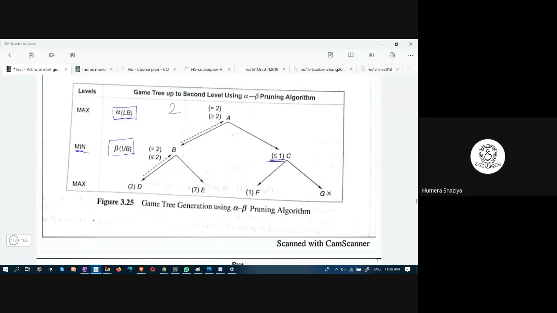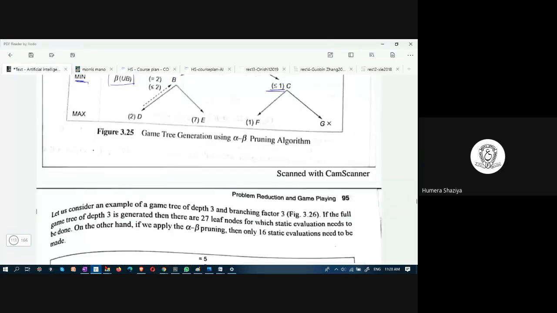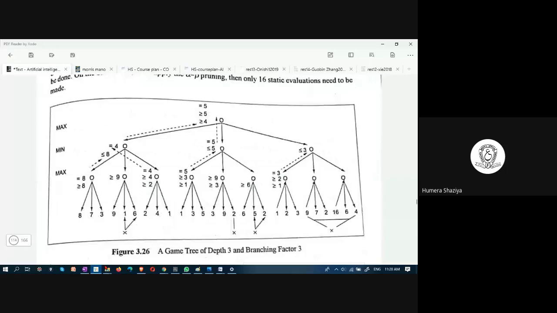It means 2 is not the maximum value, rather it is the minimum value. If you get 5, 5 is greater than 2, and 2 is the lower bound. 5 is greater, so 5 can be chosen if such a scenario arises. And then finally, a game tree is built with a branching factor of 3.